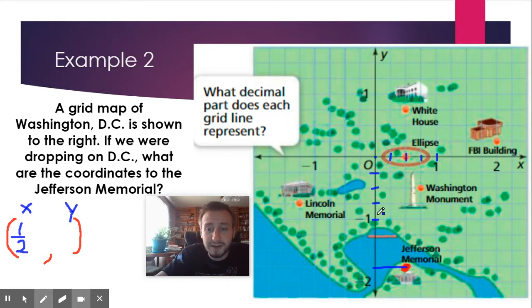So it's broken off into fourths, because 1/4, 2/4, 3/4, 4/4, which makes 1. So if this is -1, that means that this would be -1 and 1/4. This would be -1 and 1/2. And then the Jefferson Memorial will be at -1 and 3/4. So -1 and 3/4.